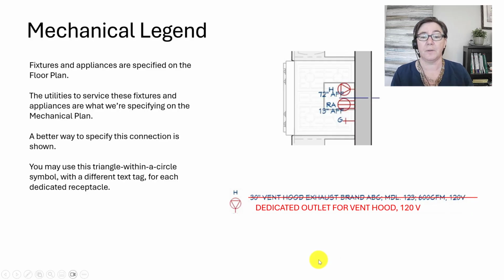All right. So instead, you could use language such as dedicated outlet for vent hood, 120 volts. All right. And the symbol, NKBA's symbol for dedicated outlet is this little triangle within a circle, all right, with a text tag that is specific to the item that we are servicing.